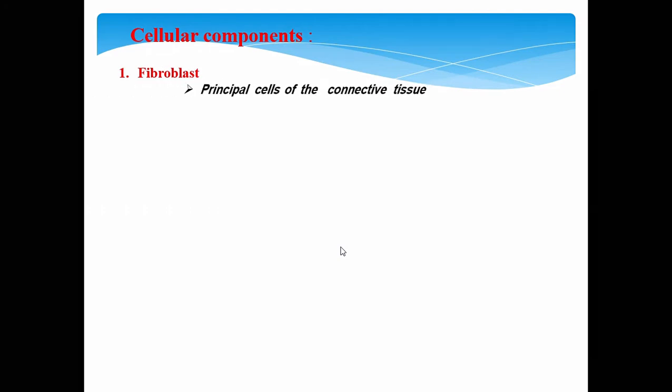Okay. So cellular components, you have fibroblasts. You describe it as the principal cells of the connective tissue. So when you are asked, what is the principal cell? You answer fibroblast. It is not fibrocyte. When you are asked about parenchyma, parenchyma refers to the principal cell of the tissue.